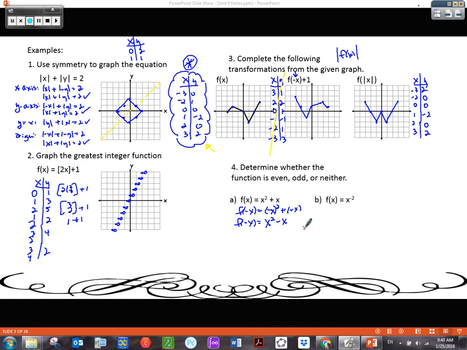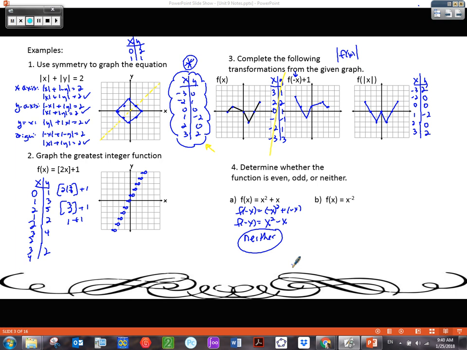No. Do I have the exact opposite from what I started with? No. So this is neither. To be even or odd, I need either the exact same thing I started with or the exact opposite of what I started with using this f of -x test. So this is neither. It doesn't have either one of those symmetries.